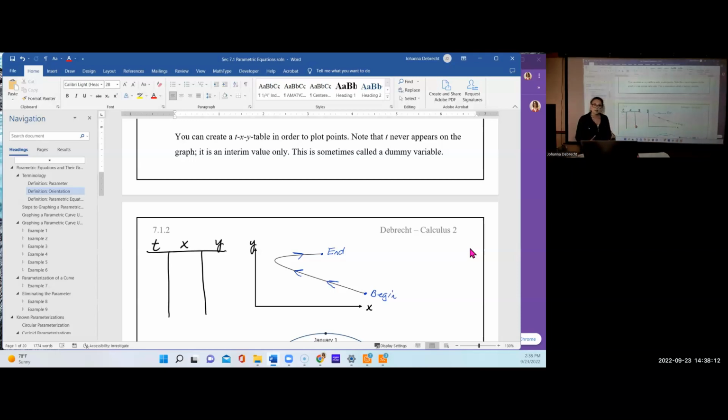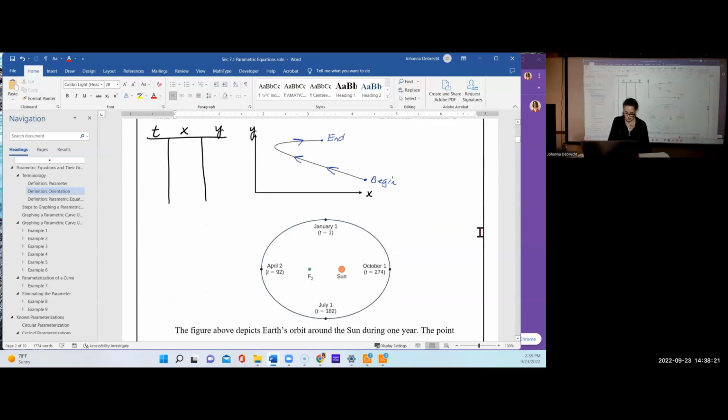T gives us when it arrives there, and the x, y gives us where it is at that point in time. And we can do the same thing for the parameter theta, which would give us that it reaches a certain location at a certain angle. So the angle is when it reaches that location as opposed to time. We could also, in fact, have parametric equations based on both t and theta. We're not going to get that complicated, but you can do such a thing.